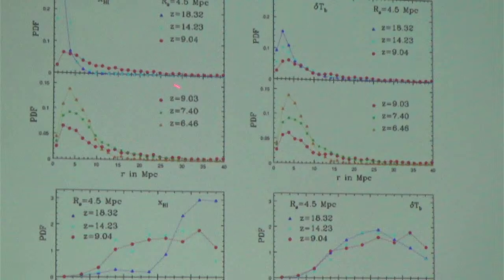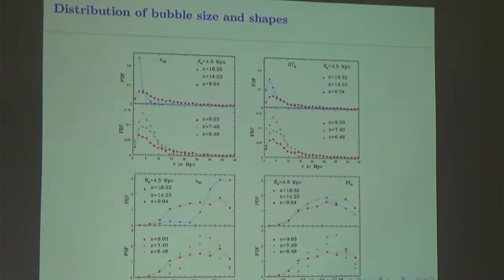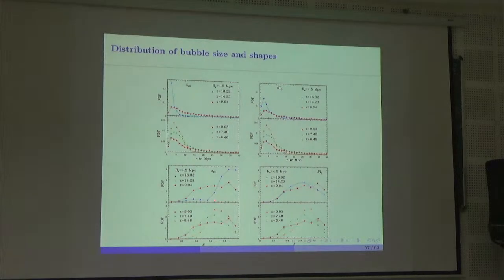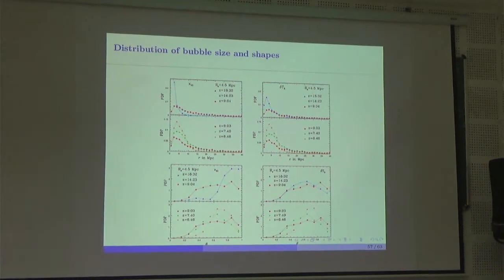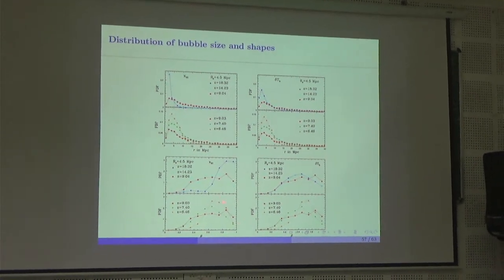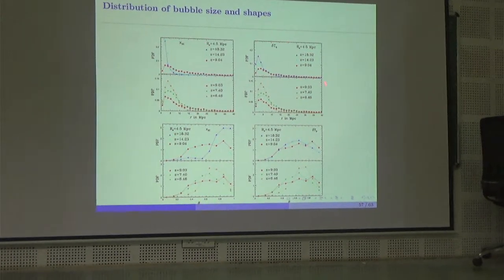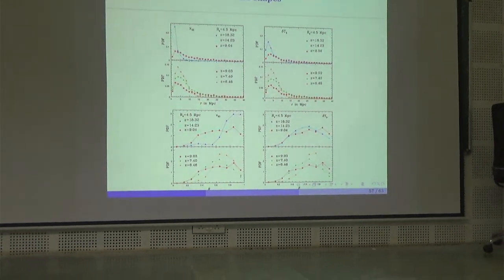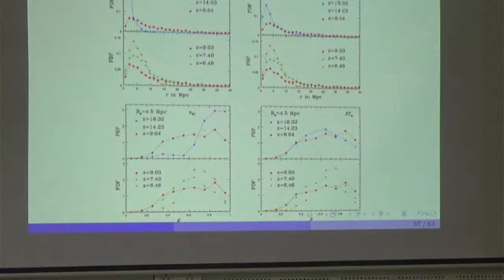So this is the kind of distribution that we get. Then for the shape, the quantity beta is a value which lies between 0 and 1. So this can be approximated by a beta distribution, and it has this shape. So we can infer this distribution of bubble size and shape.